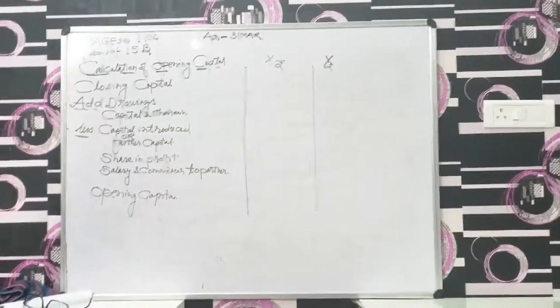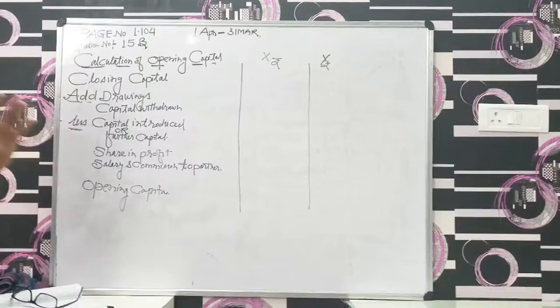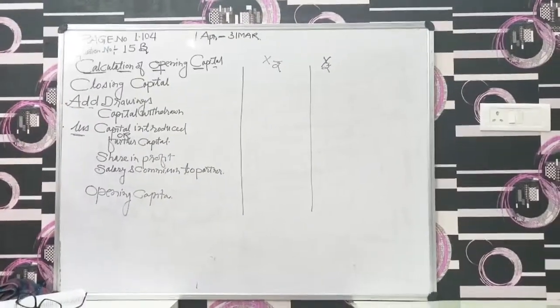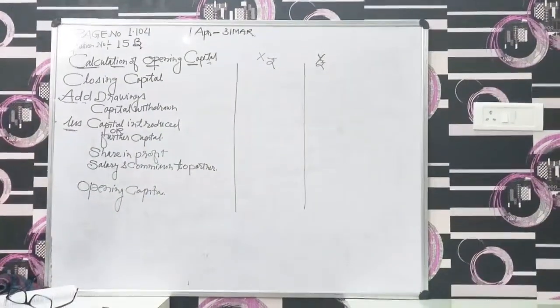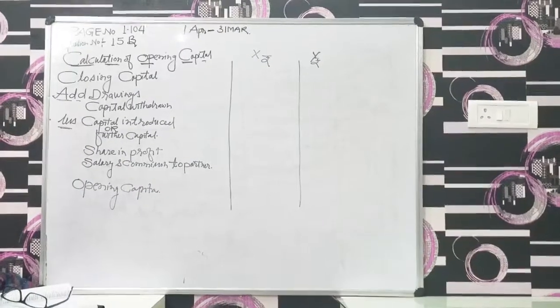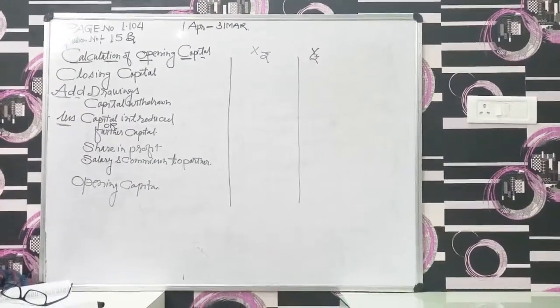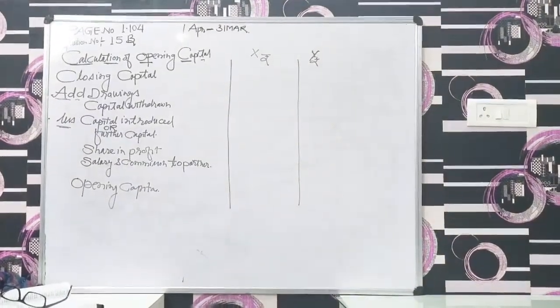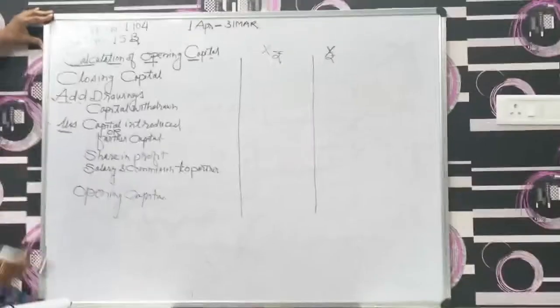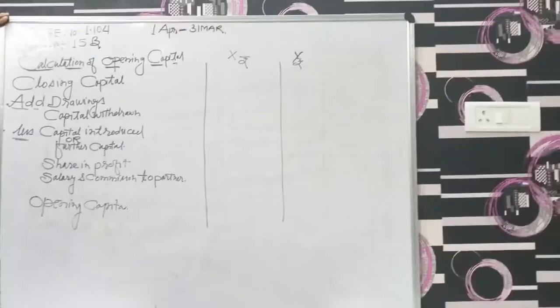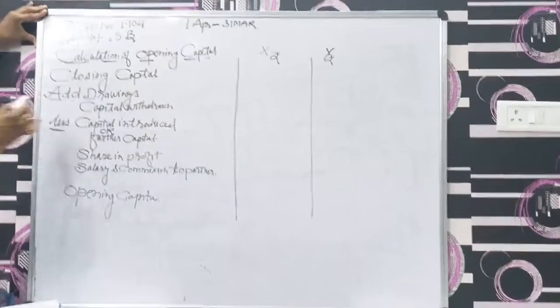So first we have to calculate the opening capital of X and Y. Is it clear? Because closing capital is given, what do we have to do? First we have to find out the opening capital. We saw how opening capital is calculated in the previous classes.